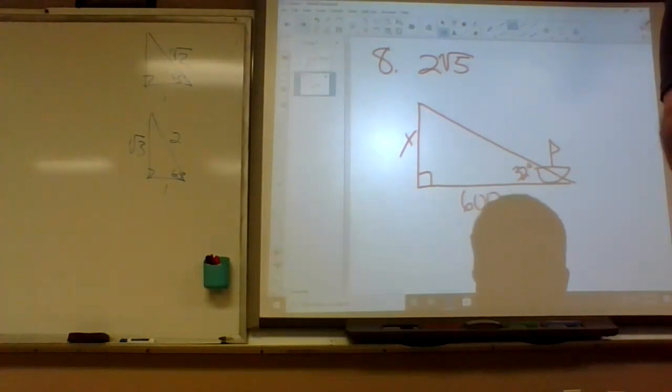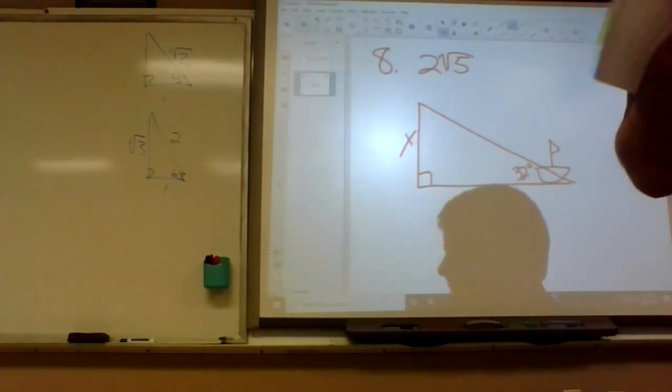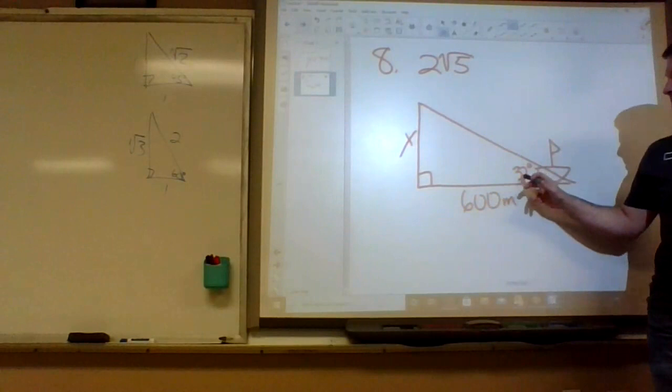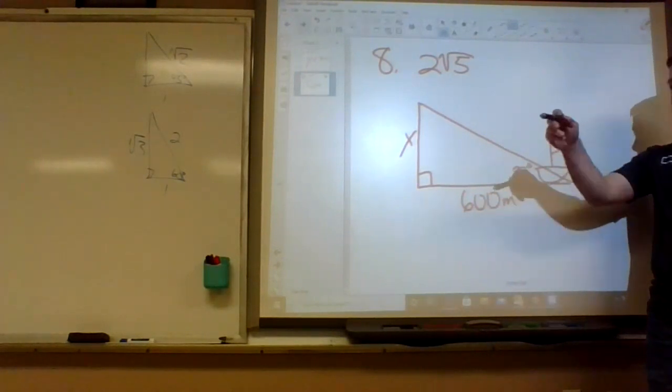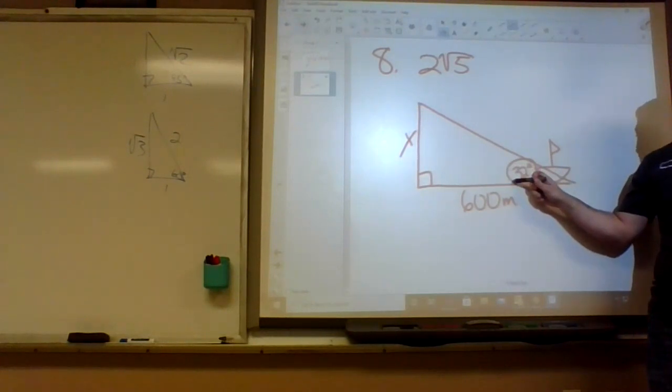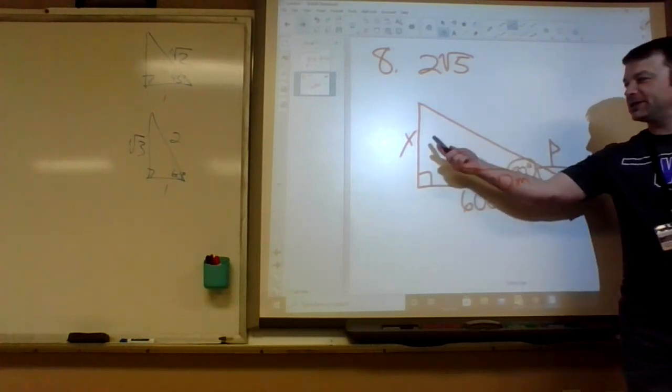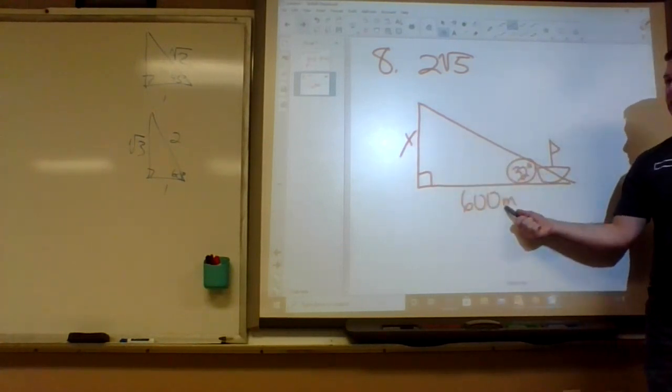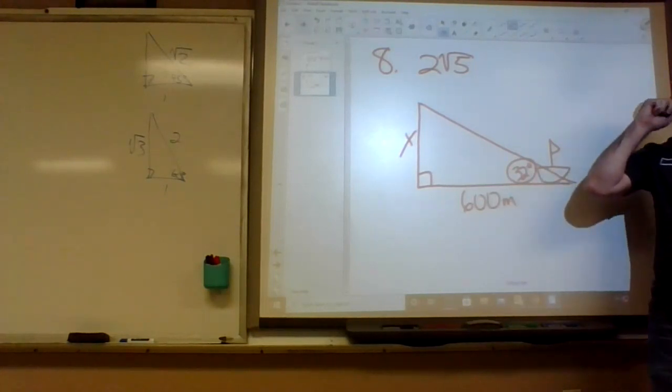All right. We're on number 1. Okay. So here's what I was saying. We're on the back of that sheet you got right there. Word problem. Relative to this angle, what two sides am I looking at? Which trig function uses opposite and adjacent?